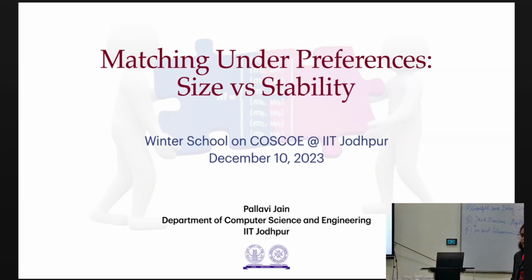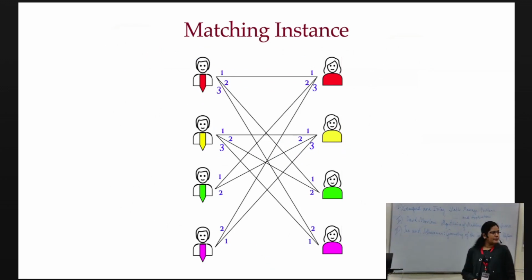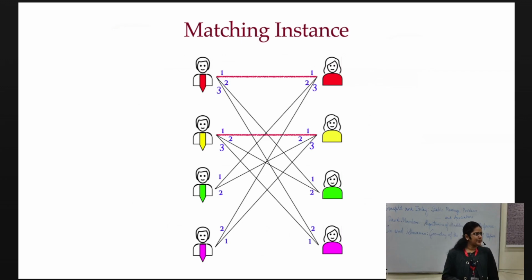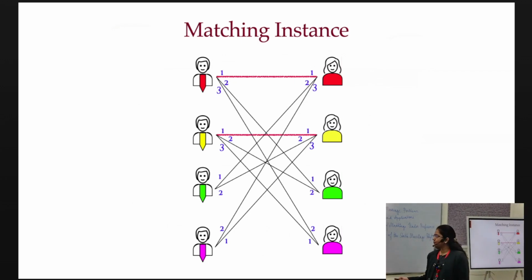Let us say this is a matching instance. Can you say what is a stable matching here? Correct. So this is a stable matching here, right? What is the size? 2, correct.